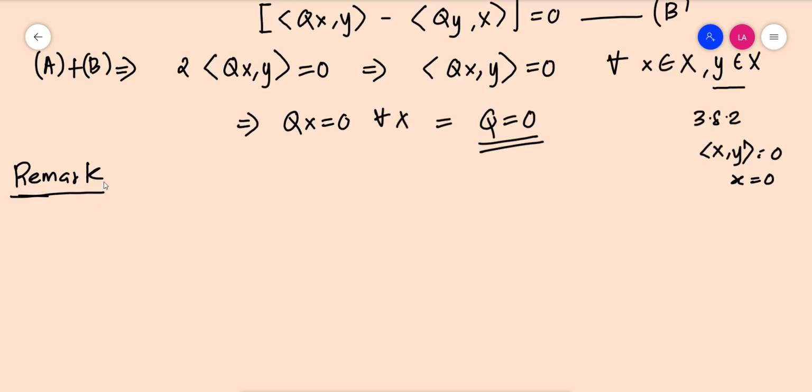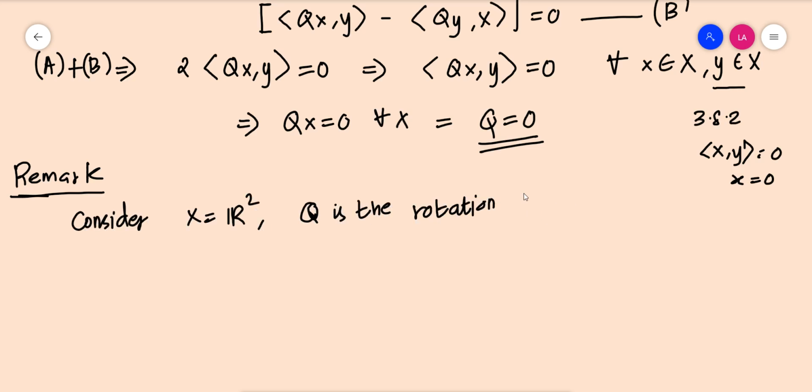So we will give you a particular example in the case of a real space in which inner product ⟨Qx, x⟩ is equal to 0 for all x when Q is not equal to 0. Consider our space X equal to R squared and Q is the rotation by a degree of pi by 2.